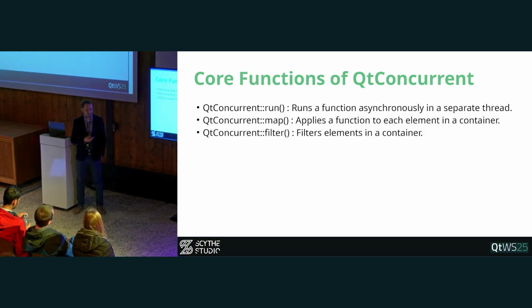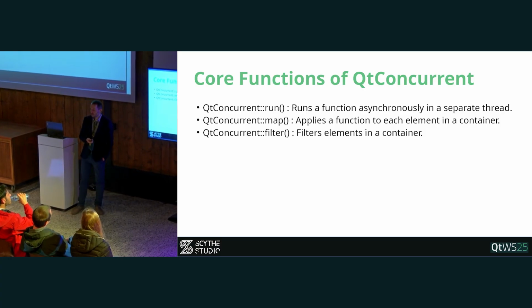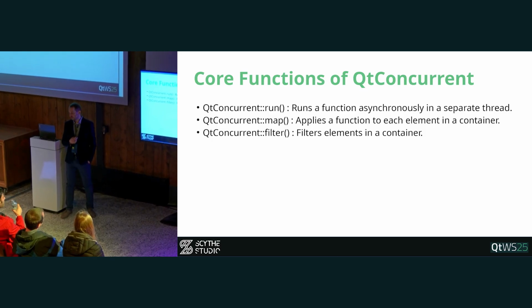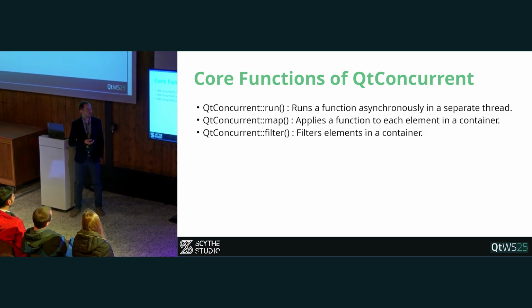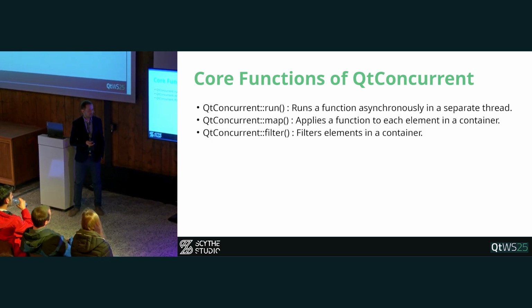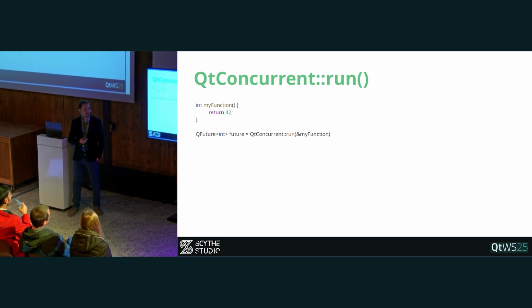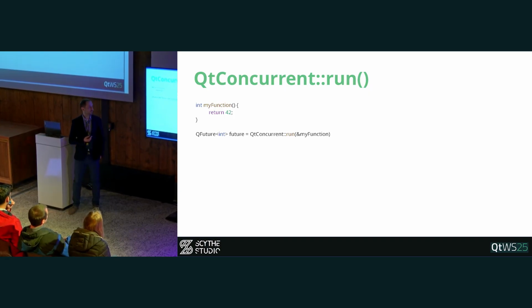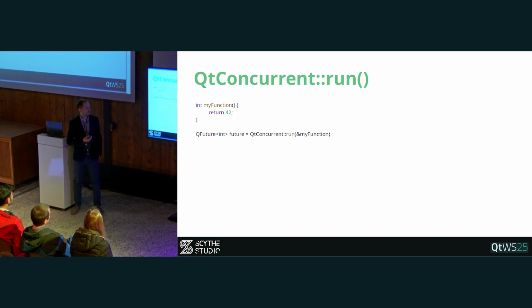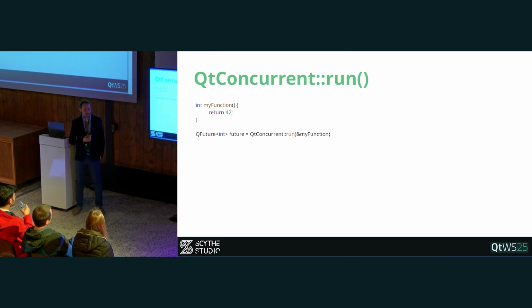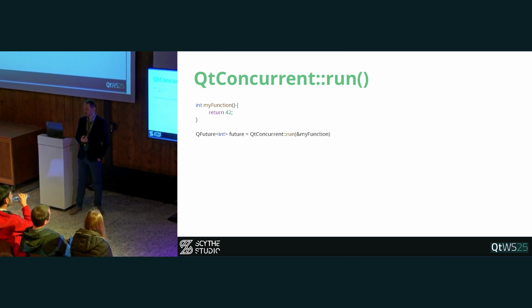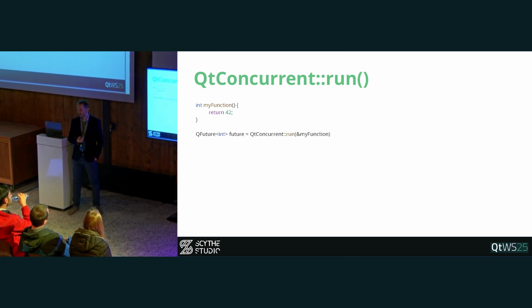And there are also mappedReduced and filteredReduced, which fold or reduce the container to a single value, and they return a single value. Yeah, so the most basic example of using QtConcurrent is just to pass it a function or a lambda to be executed, and it will return a QFuture class, which is specialized with the return type of your function.